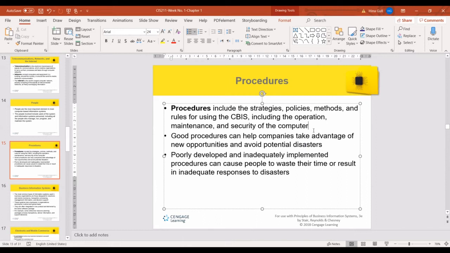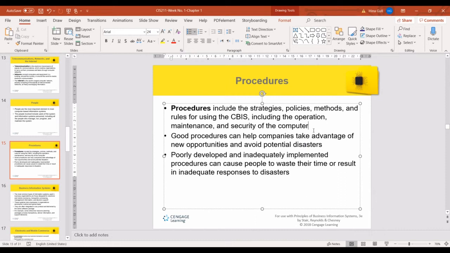Poorly developed and inadequately implemented procedures can cause people to waste their time and result in inadequate responses to disasters. So if the system is poorly developed and you did not address the requirements actually needed by the organization, obviously the organization is not going to get any benefit from that.